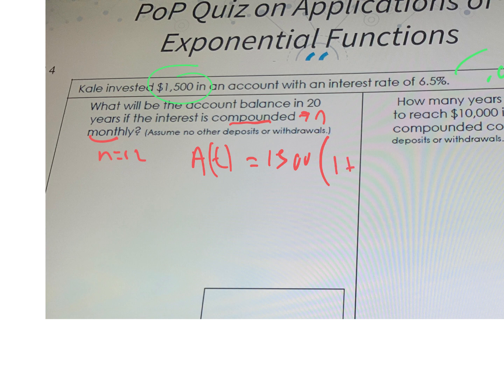I need my R. 0.065 divided by 12, raised to the N and the T. So I'm going to go 0.065 T. Now, how many years am I investing?